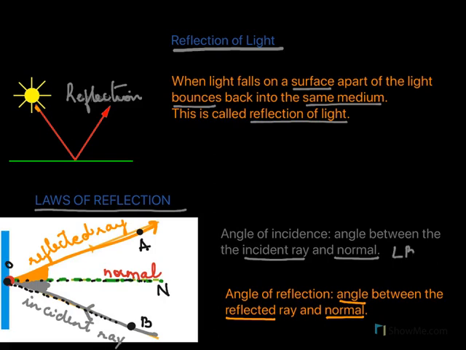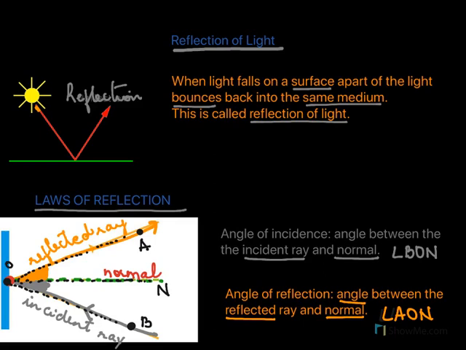And the angle of reflection will be between the reflected ray, that is angle AON. So we have learned what is the reflected ray, what is the incident ray, what is the normal, what is the angle of reflection, and what is the angle of incidence.